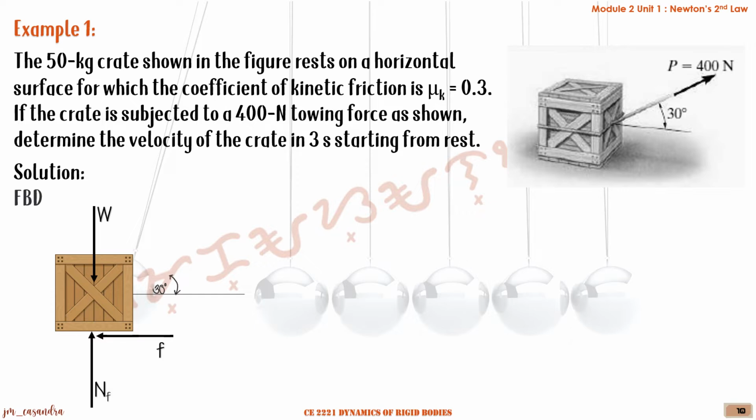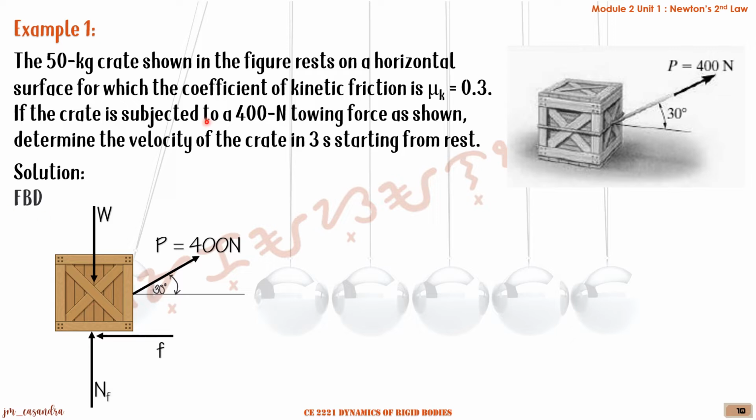Then we have the frictional force, which will be opposite the direction of motion. Then we have the applied force, 400 newtons, which is 30 degrees above the horizontal. There are no other forces acting on the crate. So we have our FBD.